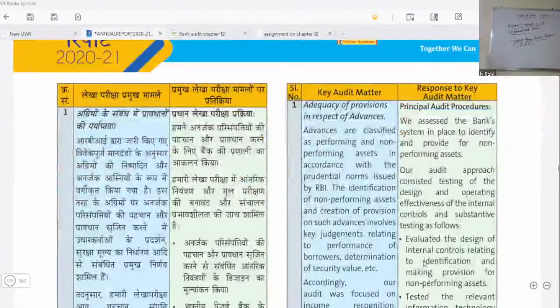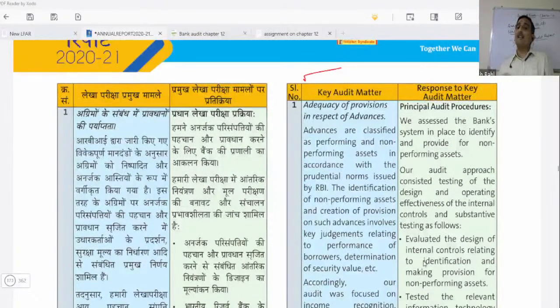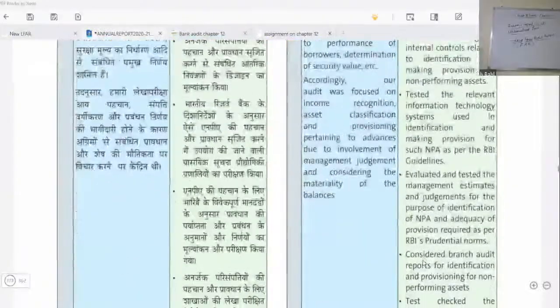Thereafter it contains key audit matters which we had discussed. It contains the matters the auditors have identified as key audit matters and the response of the auditor to those key audit matters, how those key audit matters were addressed. Okay.